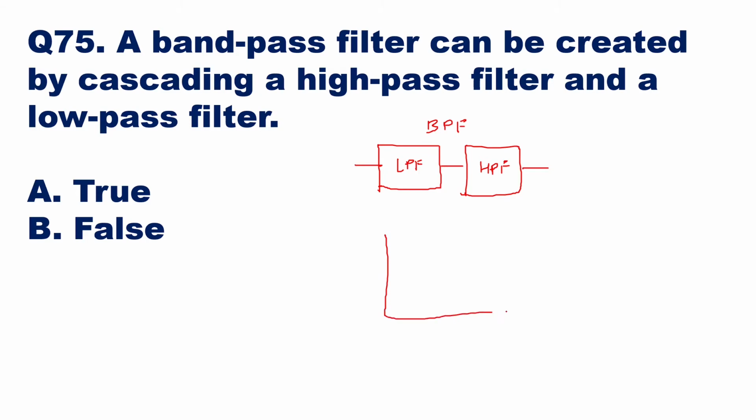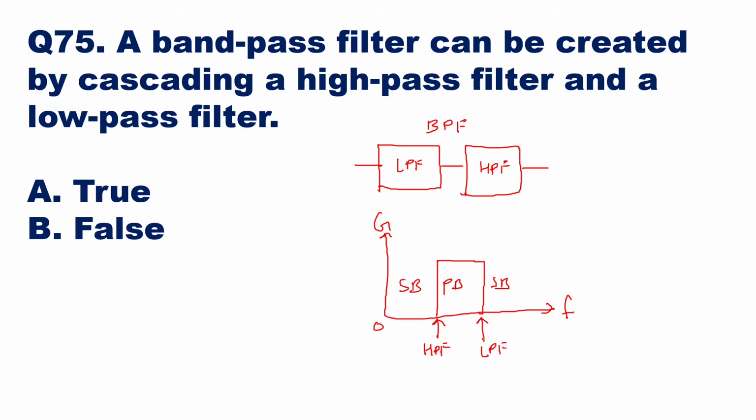If you draw the frequency response for a band pass filter, this is gain, this is frequency. This will be your stop band, this will be your pass band, and this will be your stop band. Here this will be the cutoff frequency for the high pass filter, and this will be the cutoff frequency for the low pass filter.